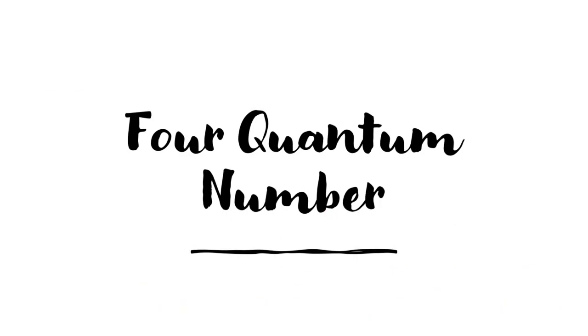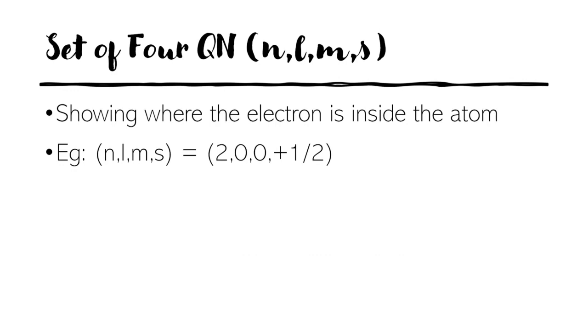Okay, next, for quantum numbers, how we use these numbers to find where the electron is. So where is the electron inside the atom by using the set of 4 quantum numbers. Let's say you are given n, l, m, s equal to 2, 0, 0, positive half. This tells you that the electron is in orbit 2, in orbital s.